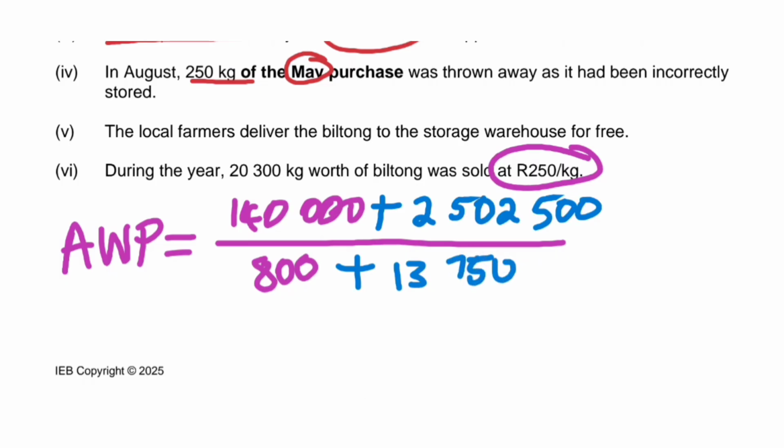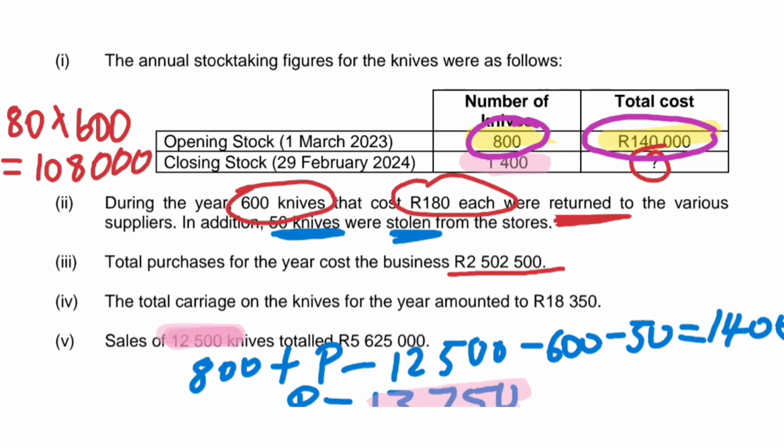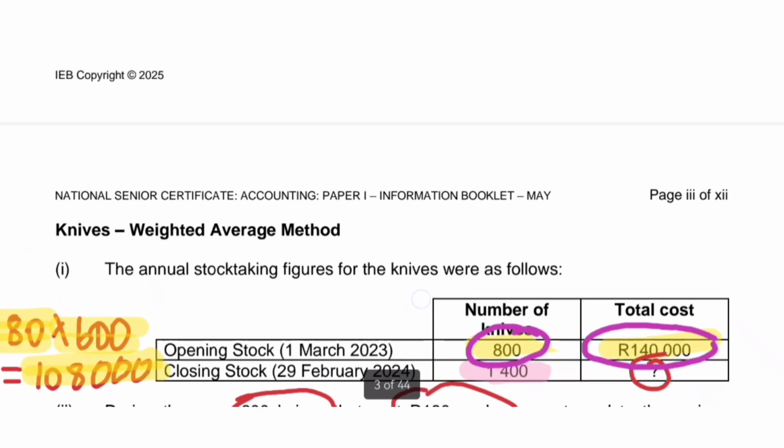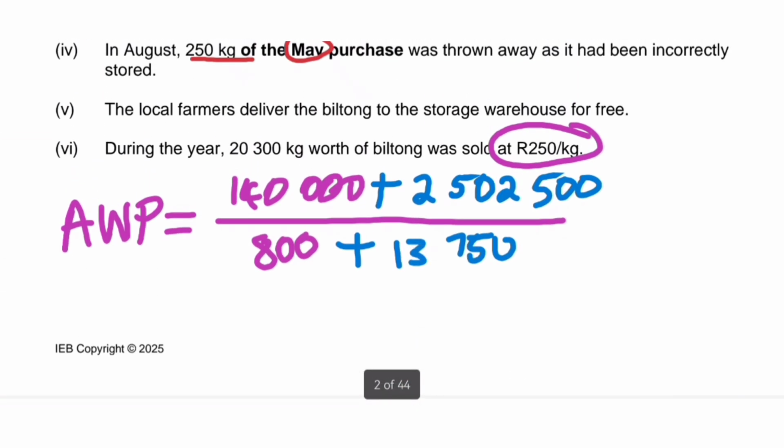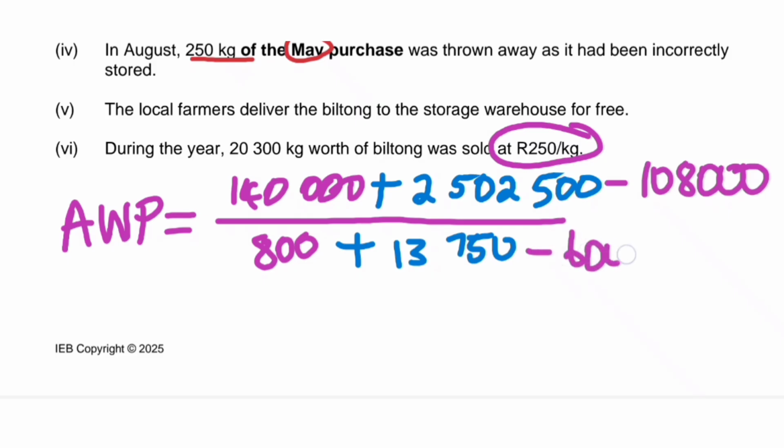Now, we are doing this for knives that are available for sale. We know that we returned 600 knives at a cost of 180 per knife. And that will give us a total cost of our return, 108,000. So we need to take that cost out because these knives are not available for us to sell. So we take it out. We also take it out here at the bottom.